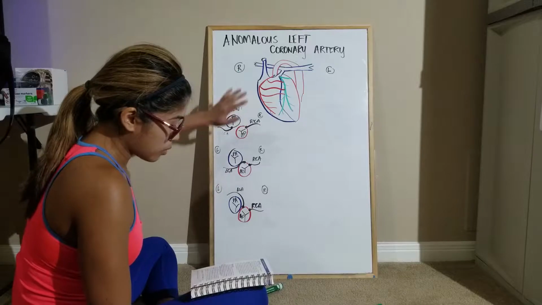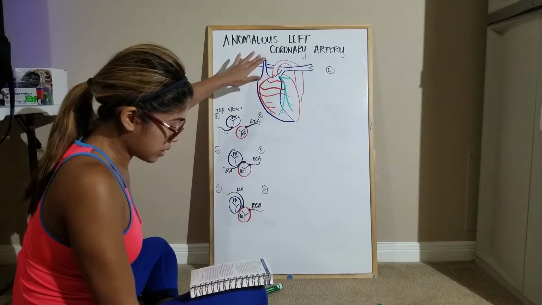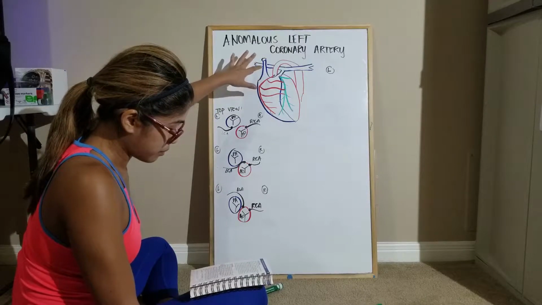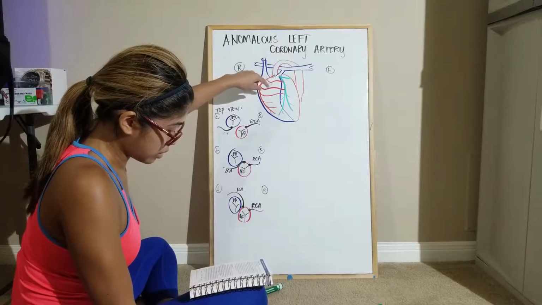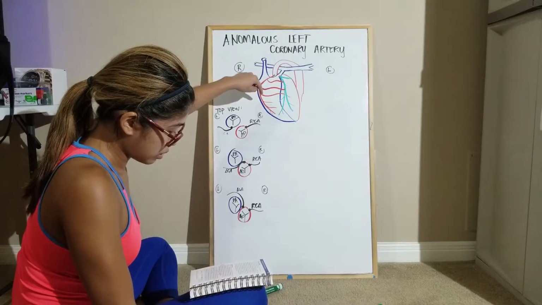When arising from the right aortic sinus, the left coronary can course either posterior to the aorta, in between the aorta.